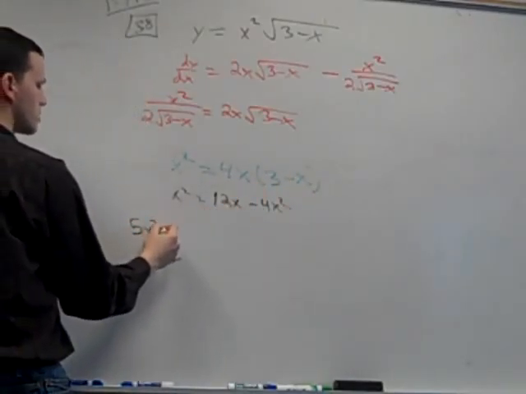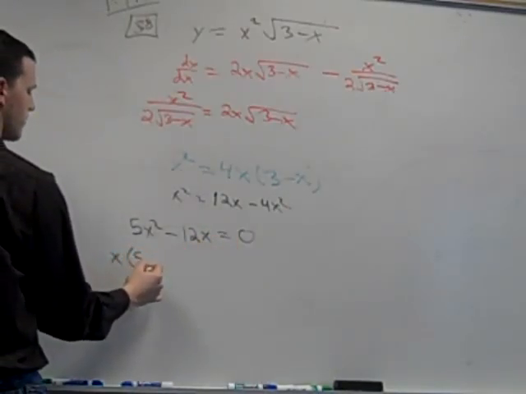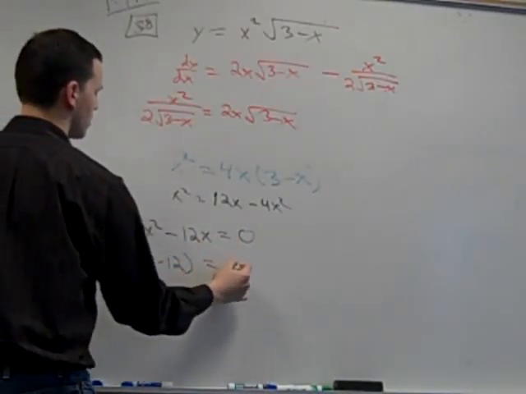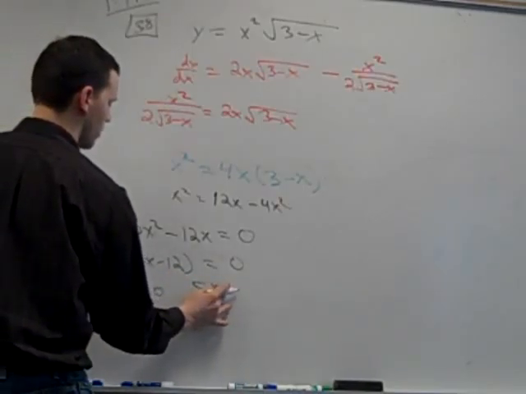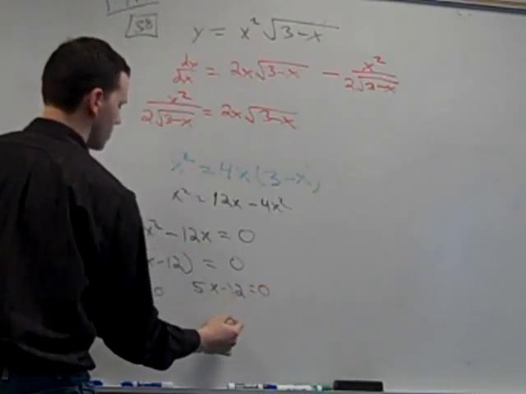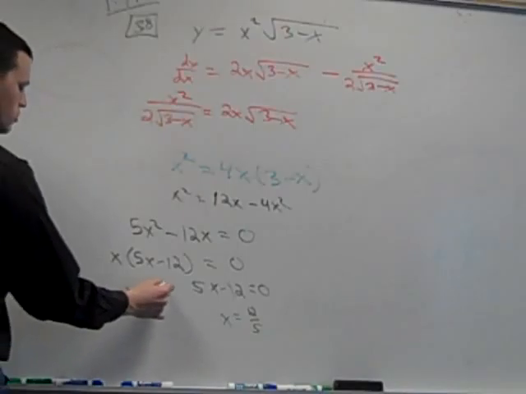So we get 5x squared minus 12x equals 0. Factor out an x to get x times 5x minus 12 equals 0. So that means x equals 0, or 5x minus 12 equals 0, which implies x equals 12/5. So those are my two critical points.